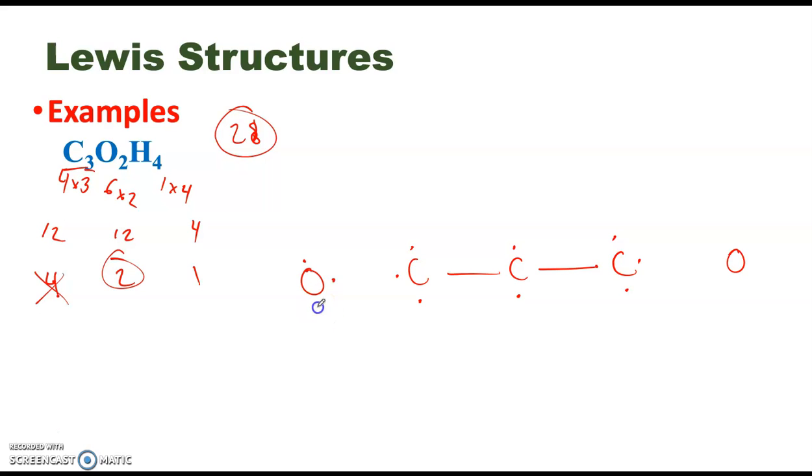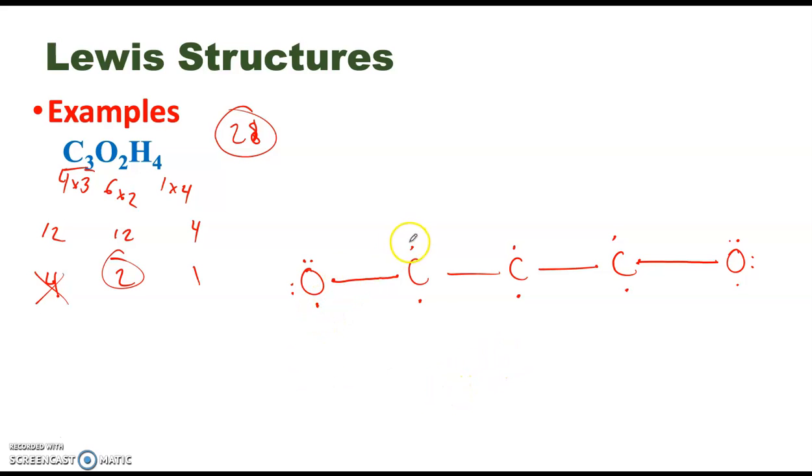Let's go 1, 2, 3, 4, 5, 6. So let's leave this dot ready to bond with this one. Let's do the same thing on this side. Make it symmetric.